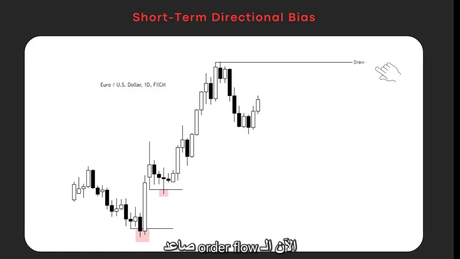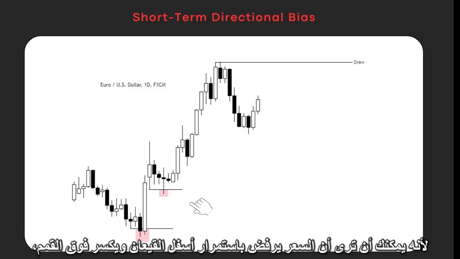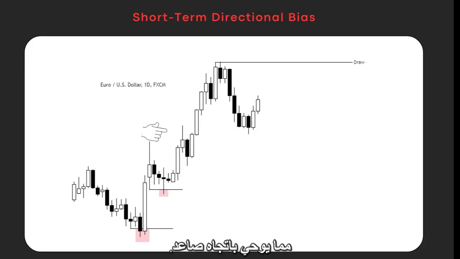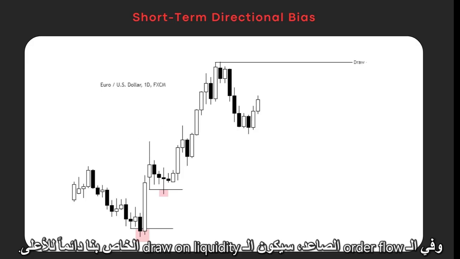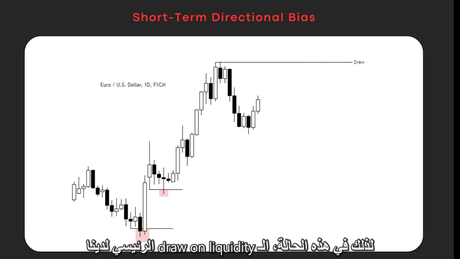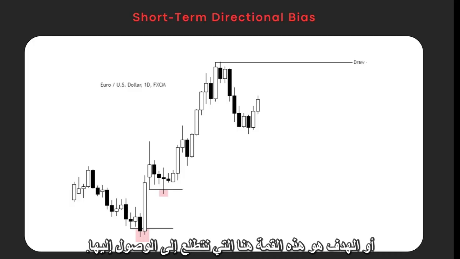Now the order flow is bullish because you can see that price is consistently rejecting below lows and breaking above highs, which suggests bullish order flow. And in bullish order flow, our drawn liquidity would always be higher. So in this case, our main drawn liquidity or objective is this high right here that we are looking for to be reached.